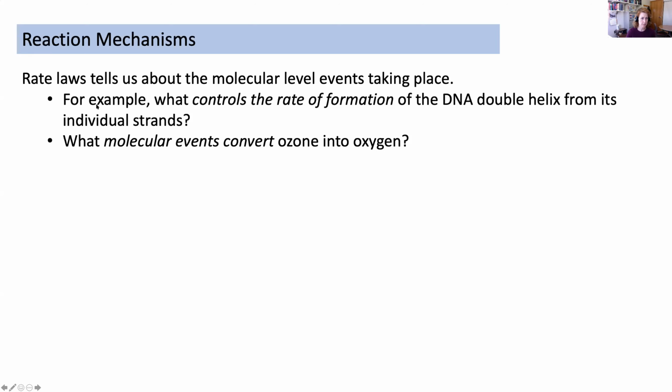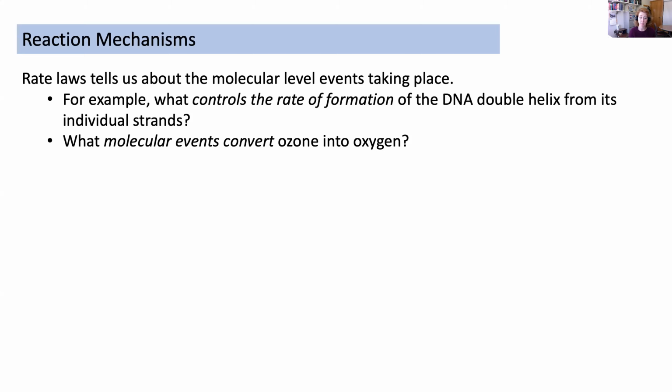Two examples of molecular level events: when you're thinking about a DNA double helix, what controls the rate of that formation from individual strands, or if we have ozone in our atmosphere and it converts to oxygen, what specific events are going to happen to convert it into oxygen? We're actually going to go through the example of ozone conversion.